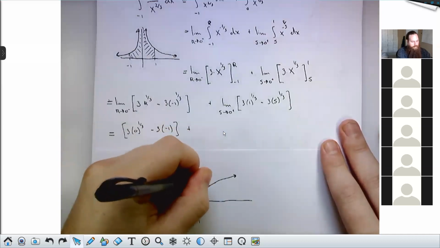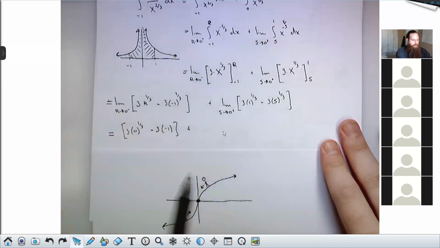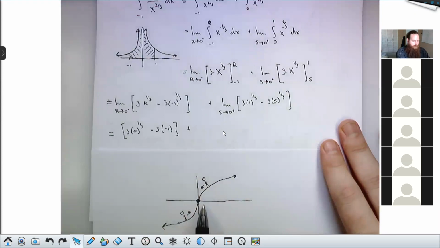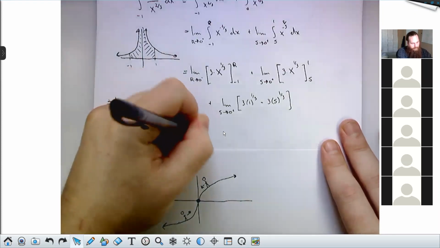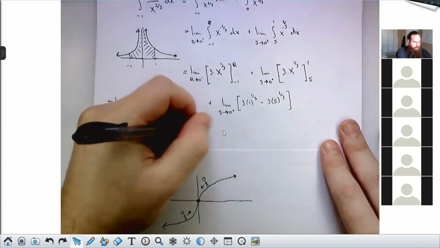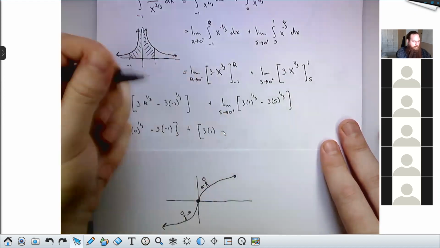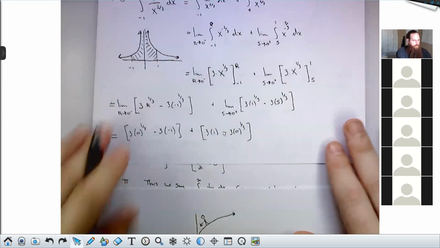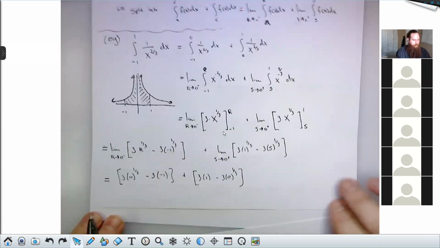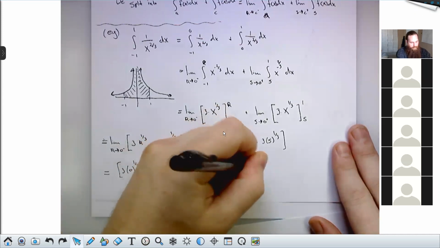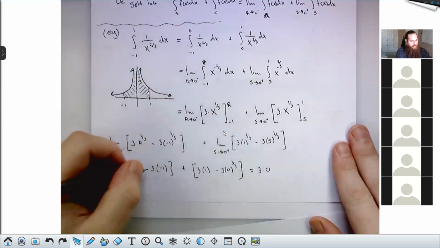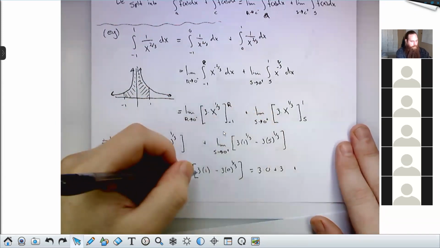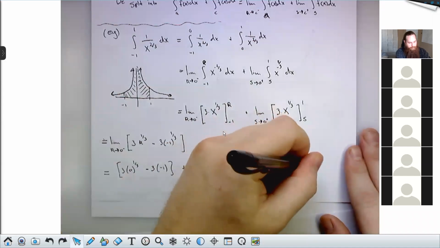And then on the other side, as s goes to 0 from the right, s to the 1/3 also goes to 0. So this will be 3 times 1 to the 1/3, the cube root of 1 is 1, minus 3 times 0 to the 1/3, which is 0. So at the end of the day here, what we will have is 3 times 0 minus negative 3, which is plus 3, plus 3 minus 3 times 0.